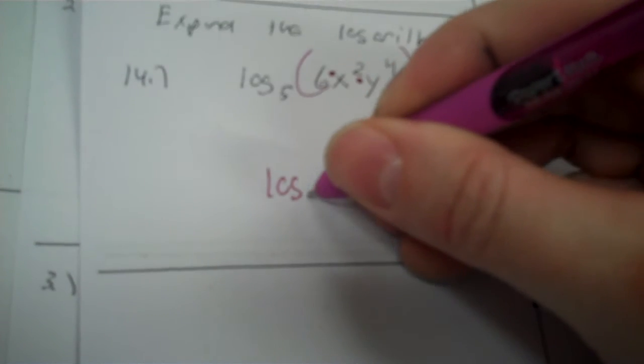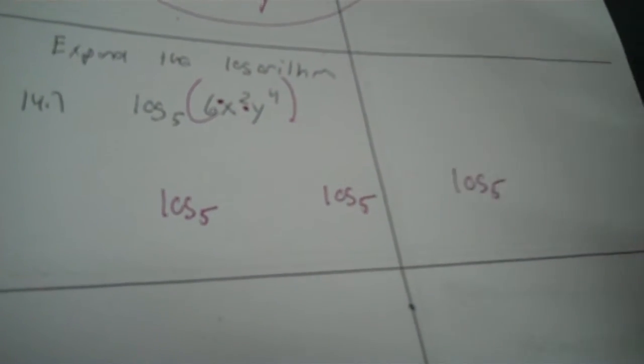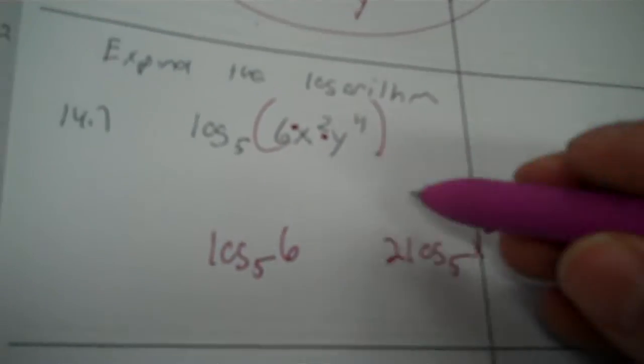Okay, now you're expanding the logarithm. Okay, now you have 3 factors, a 6, an x, and a y. So 3 factors means I need 3 log base 5s written out. Okay, so we're going to have 6. X to the second, then I'm going to scribble out the 2 and put it in front like it is up here.